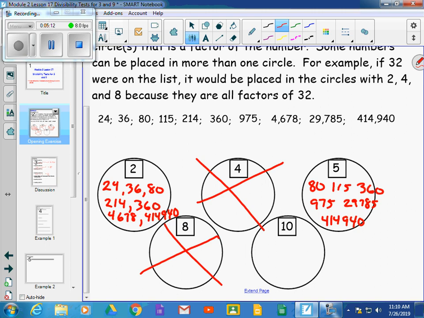All of those numbers ended with a 5 or a 0. And then down at the bottom, the tens, you should have had 80, 360, and then 414,940, because all of those numbers ended with 0.